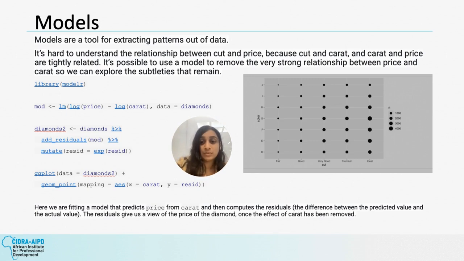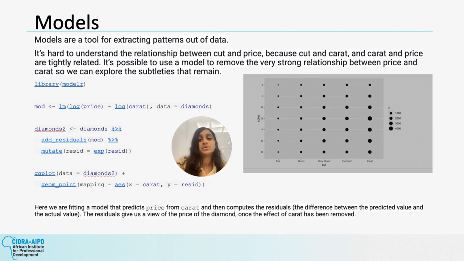We use a scatter plot geom, and the x-axis is carat and the y-axis is residual, which is the adjusted price. So the purpose of this visualization is to show that the strong relationship between carat and price has been removed, allowing all the other sub-tier relationships, for example between cut and price, to become more visible.